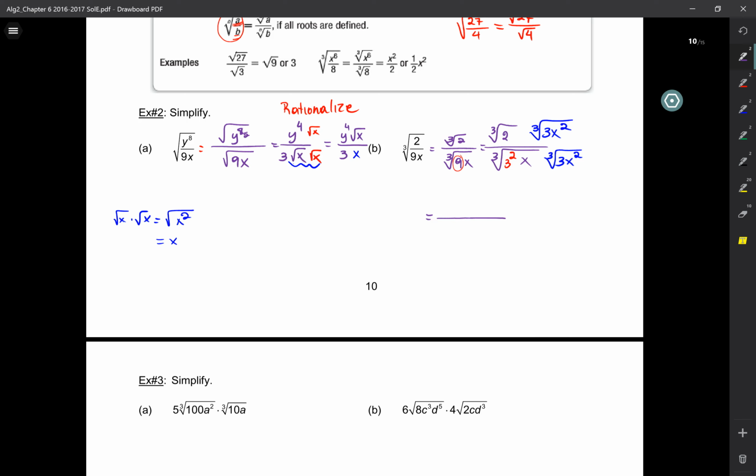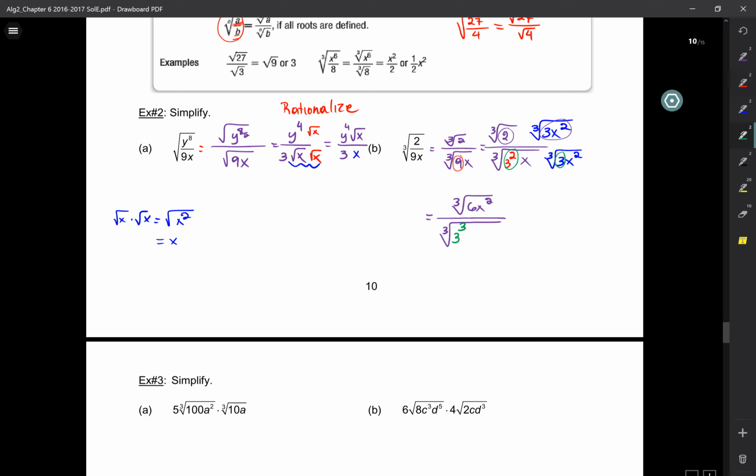Okay, so here in the numerator, I have cube root of, I multiply the 2 times the 3x squared, 6x squared. In the denominator, I have the cube root of 3 squared times 3 will be 3 to the what? 3 squared times 3 will be 3 to the 3rd.